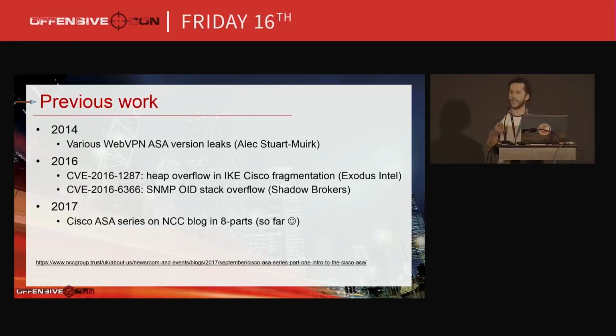And then, interestingly, 6 months later, the Shadow Brokers leaked lots of files targeting routers and Cisco ASAs, and there is an SNMP stack overflow targeting all ASAs since ages, from version 8 to 9, quite crazy.